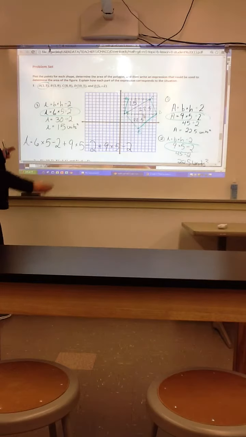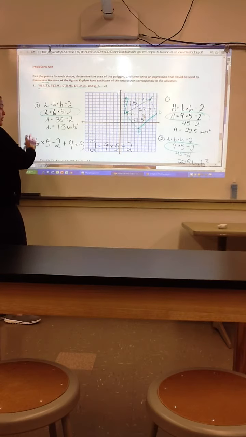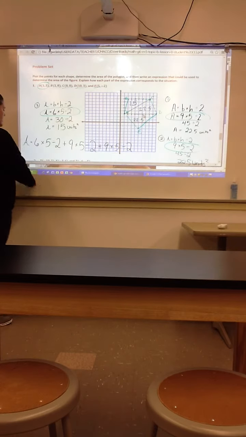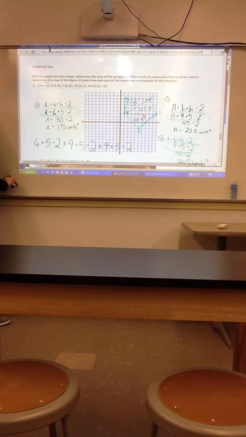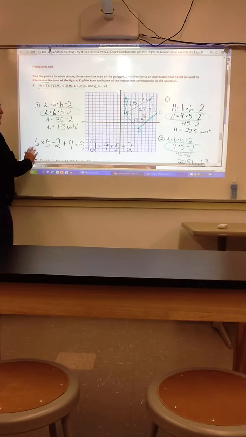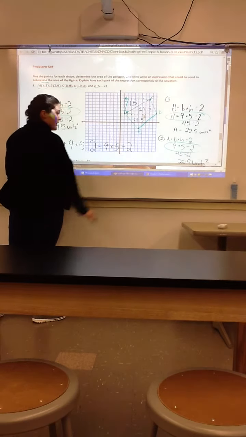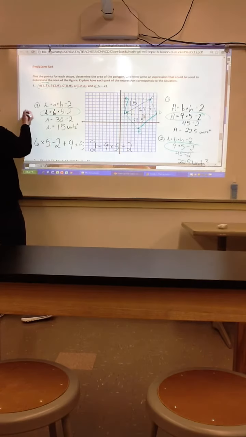Okay? And if I solve this long expression, it should not be A equals, because an expression does not have an equal sign. So if I did all this math here, it would equal 15 plus 22.5 plus 22.5.